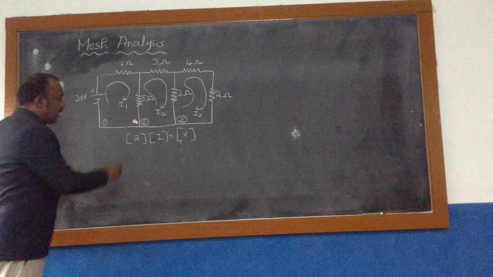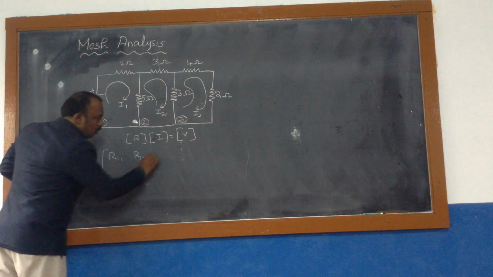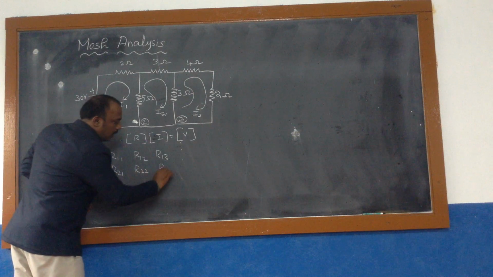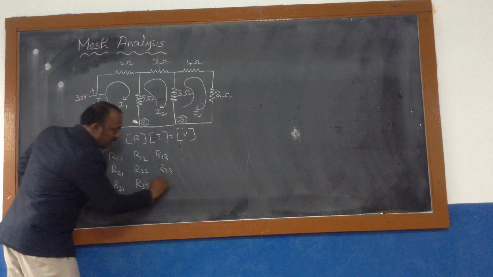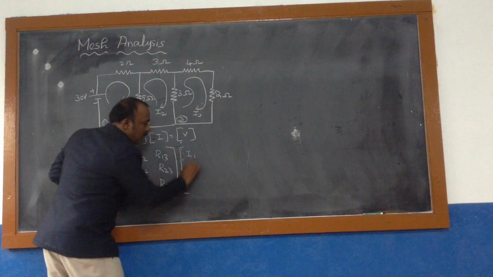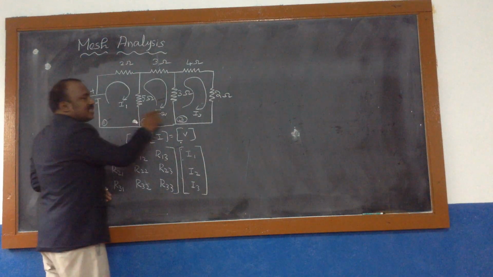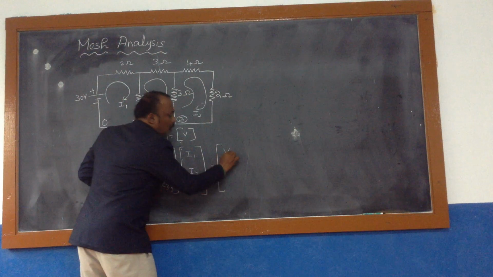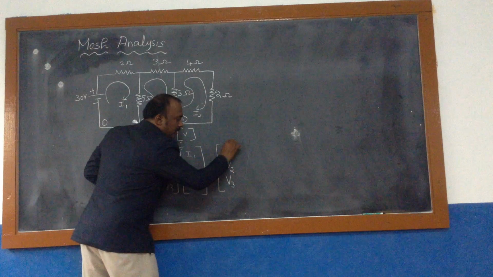Since there are 3 loops, the resistance matrix will be 3 by 3: R11, R12, R13, R21, R22, R23, and similarly R31, R32, R33. The current matrix will be the unknown current values I1, I2, I3, which represent the unknown currents in each loop, equal to the voltage matrix, V1, V2, V3, where 1 represents the first loop voltage, 2 the second loop voltage, and 3 the third loop voltage.